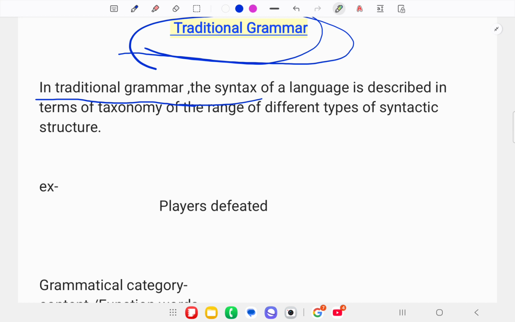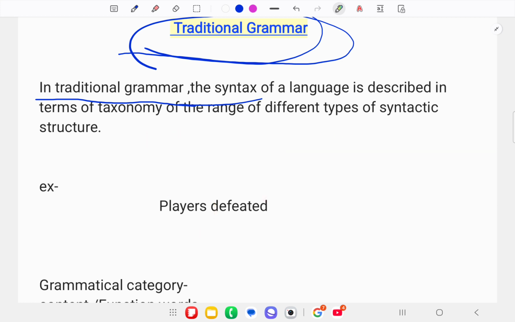The word "players" and "defeated" are the two constituents, and each of the constituents belongs to a specific grammatical category. This one has the noun pluralization category, and this is the verb category.